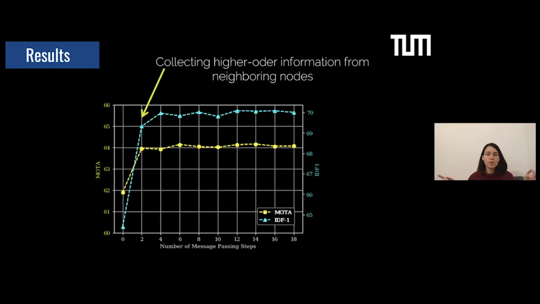And once you see what your immediate neighbors are doing, this is enough to already bring the accuracy quite a bit higher up. And from there, there is some improvement, but not too much. So this is actually very interesting to see.